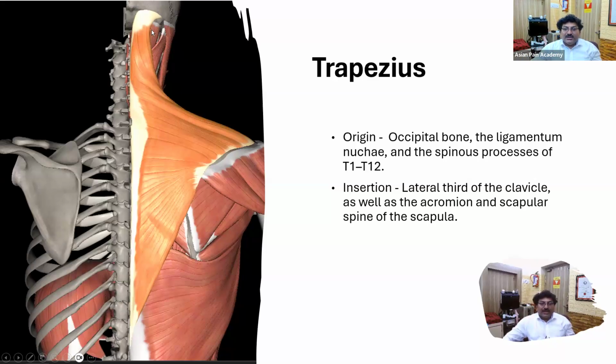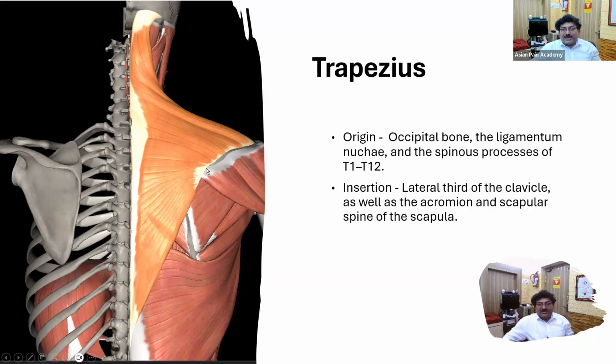And then these fibers actually divide into three groups. The upper group of fibers goes down and anteriorly, and they attach to the outer third of the clavicle, whereas the middle fibers go mostly horizontally and they attach to the acromioclavicular joint, the acromion, and the lateral portion of the spine, whereas the lower fibers move up and laterally to attach to the posterior medial part of the spine.